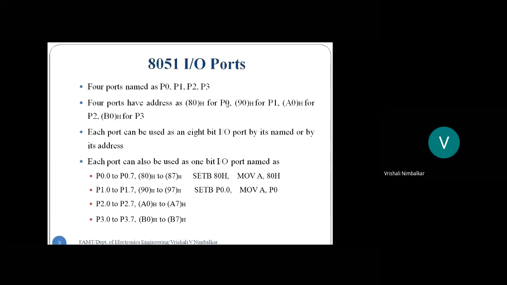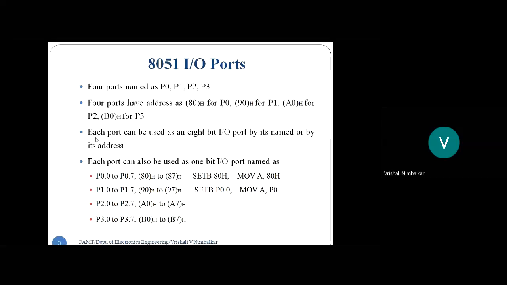That is what I was explaining yesterday. Wherever there is a direct addressing mode instruction, I can refer to the SFR by the address or by the name. So I can also write P0, P1, P2, P3 as the direct address, referring to it by the name.